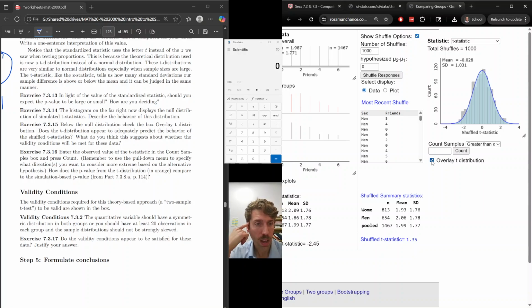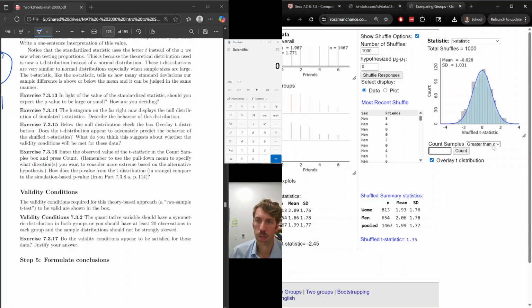Okay, then if you have a number in here, it will also calculate the p-value using the theory-based approach down here. So enter the observed value of the t-statistic in the count sample box and press count. Remember to use the pull-down menu to specify what directions you want to consider.